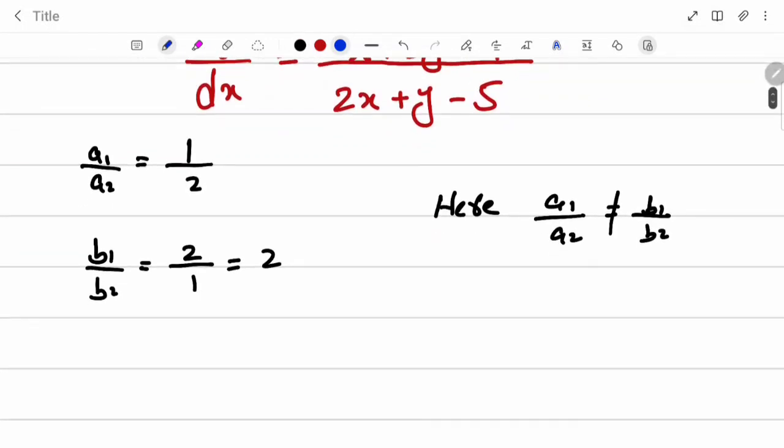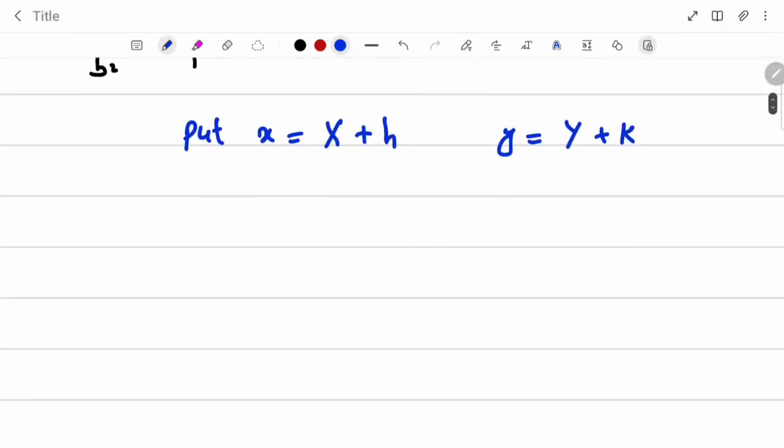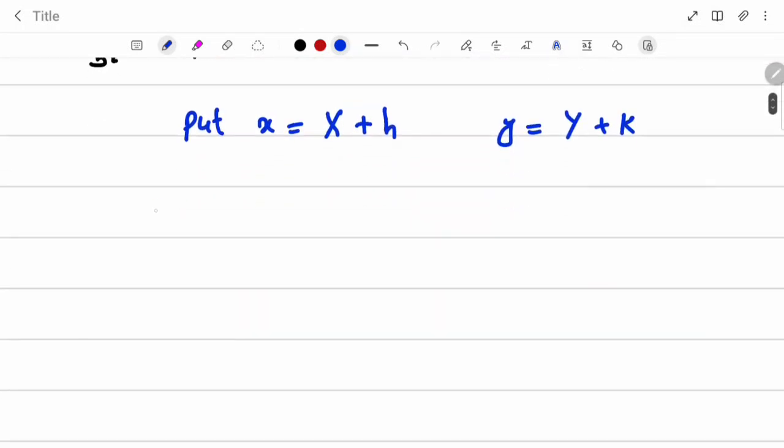That is mentioned above. So we put x as capital X plus h and smaller y as capital Y plus k. Remember, because the derivatives are exactly the same, we just need to write dY by dX in capital.